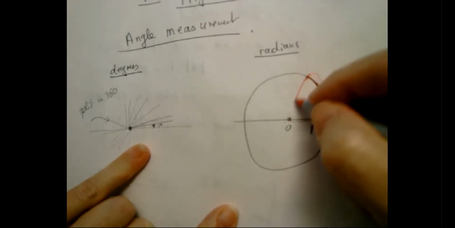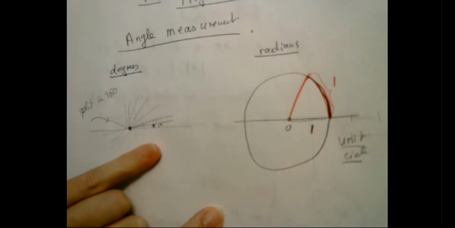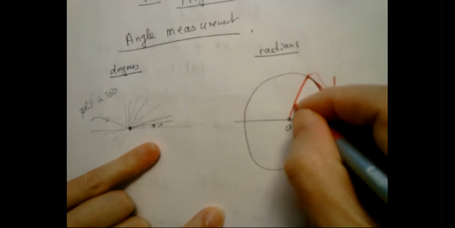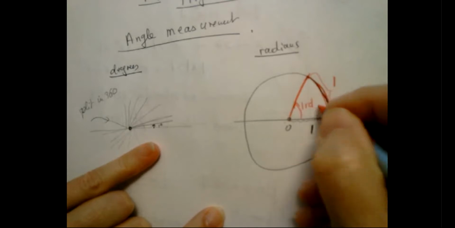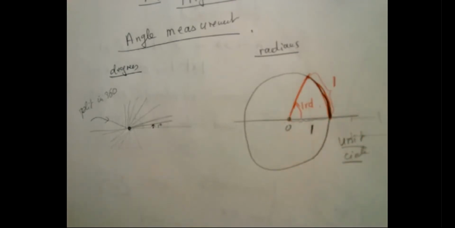Then we take the angle at the center. That's what we call 1 radian. That's really the definition of a radian: unit circle, an arc of length 1 cut off from the circle, and the angle at the center is 1 radian. It's a very geometric definition.